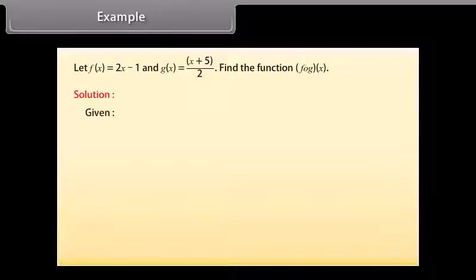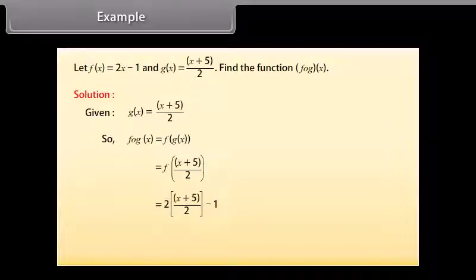Given g(x) = (x + 5)/2. So, f(g(x)) = f((x + 5)/2) = 2 × (x + 5)/2 - 1 = x + 5 - 1 = x + 4.